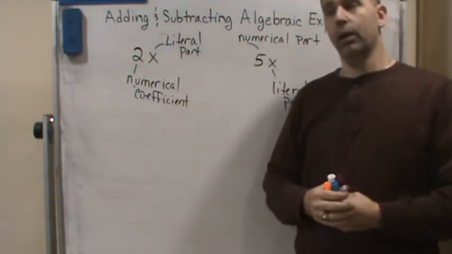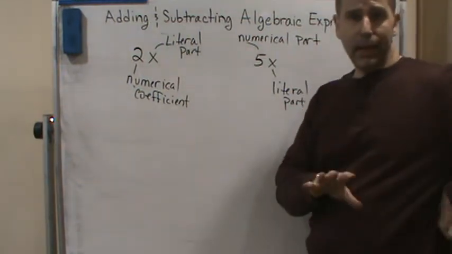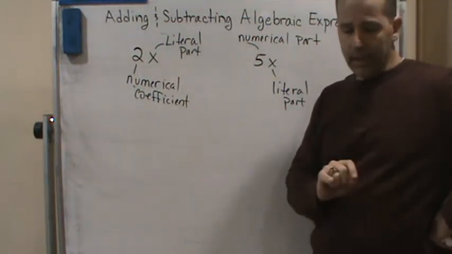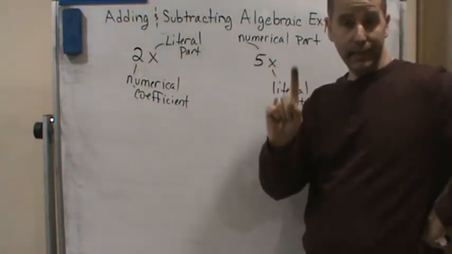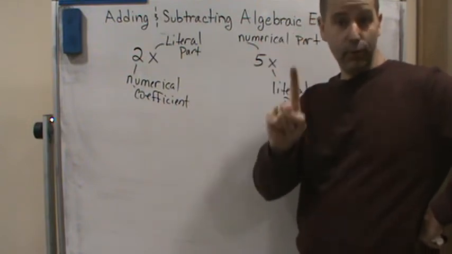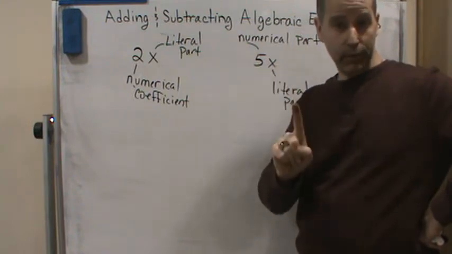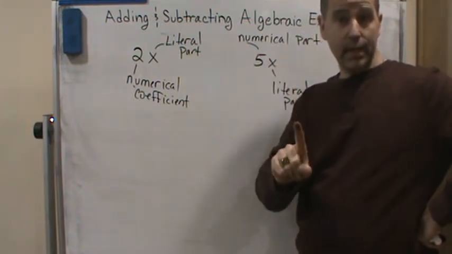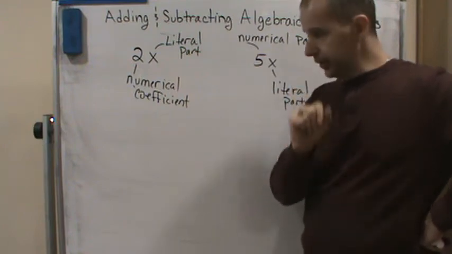So if I'm combining terms, what I mean by like terms is that they have the same literal part, which means the variable part is exactly the same variable and it has the same exponent. Same variable with the same exponent.